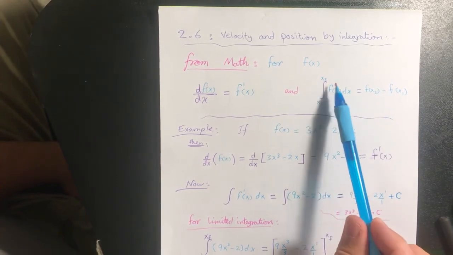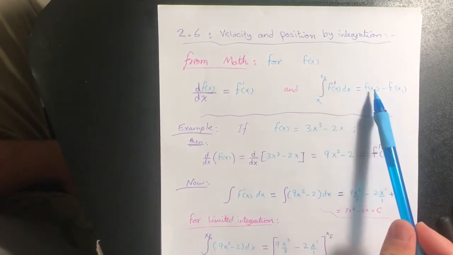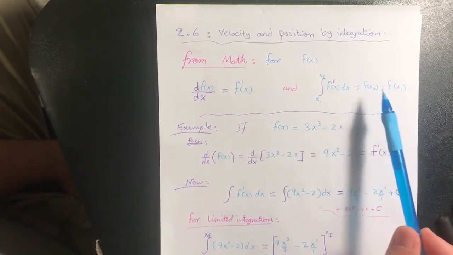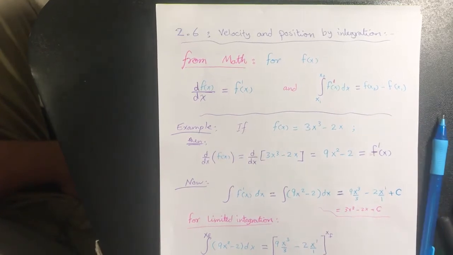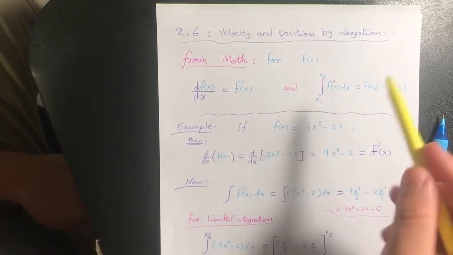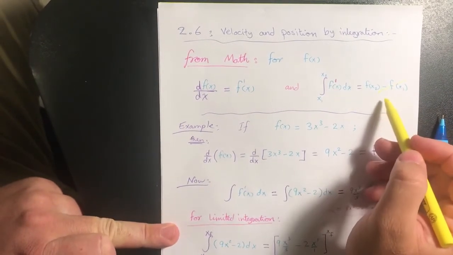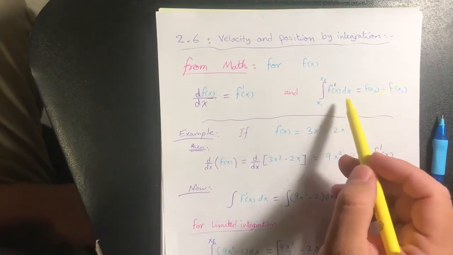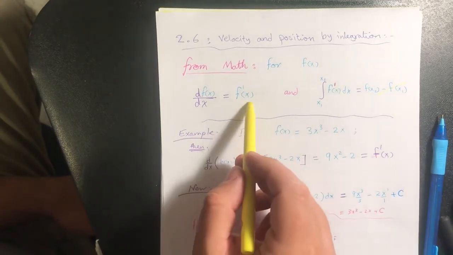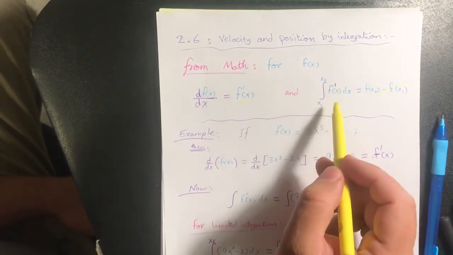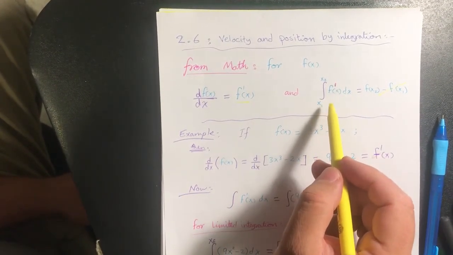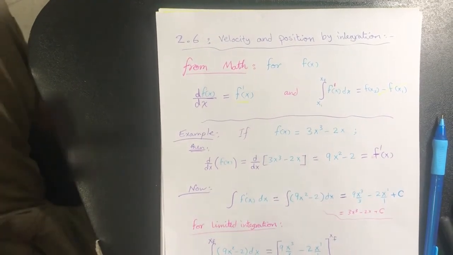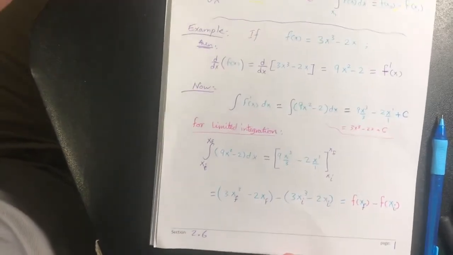And the definite integral from x1 to x2 will give us f of x2 minus f of x1. But most of the time we have f of x1 equal to 0. So we can find that f of x is equal to the integration of f prime. So the integration is the inverse operation of differentiation and vice versa. For example, we are just in math now.